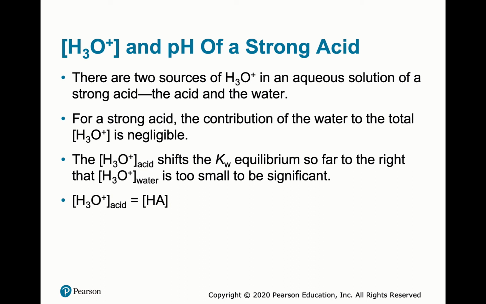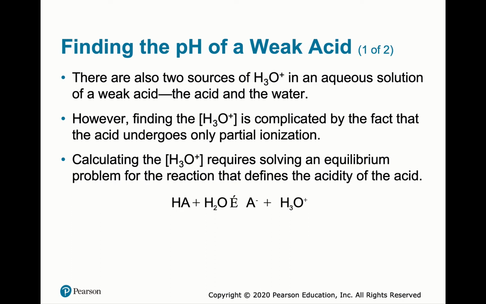Now for the hydronium ion and pH of a strong acid, the acid just breaks apart, and it shifts that equilibrium very far to the right, meaning the acid almost completely breaks apart. That means the autoionization of water is really negligible. So the hydronium concentration is just the concentration of the acid.